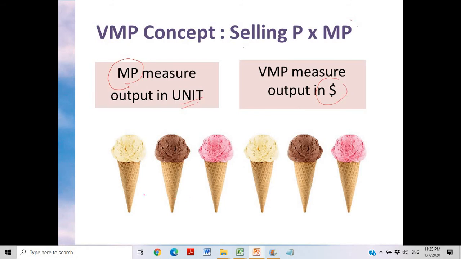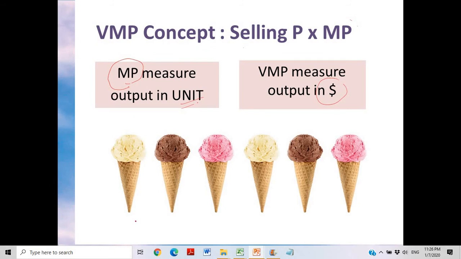For example, ice cream: 1, 2, 3, 4, 5, 6. When we say a unit, this is 6 units of ice cream. But what is the value of ice cream? The value depends on its selling price.